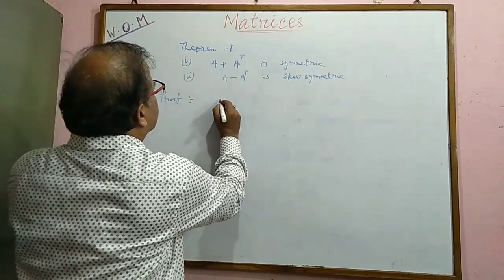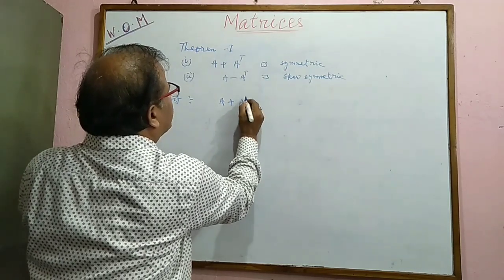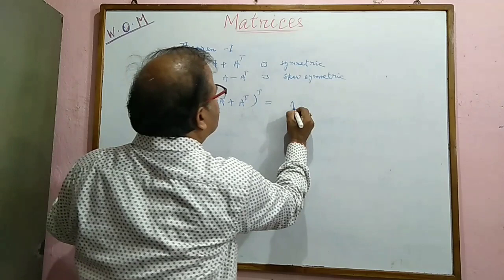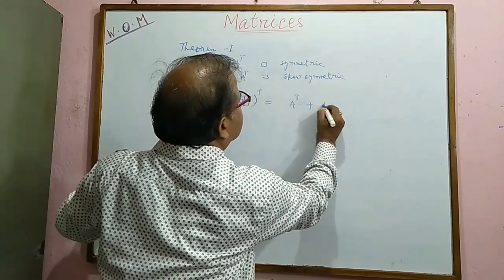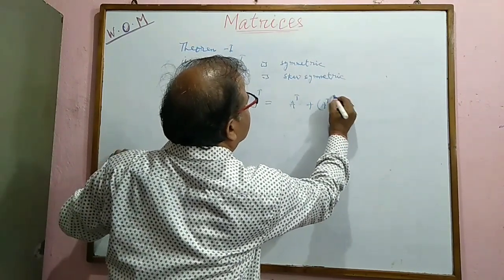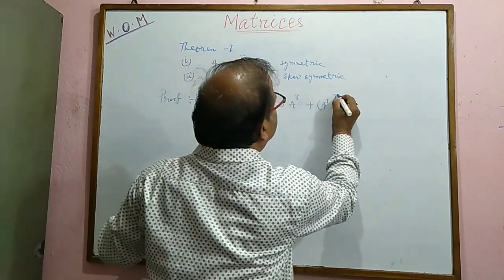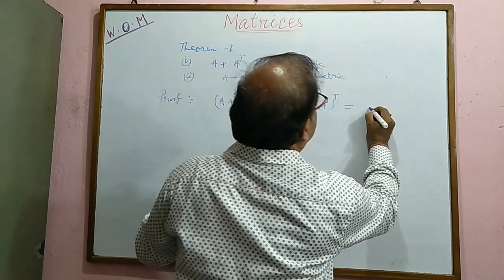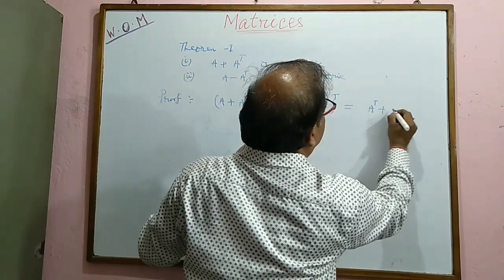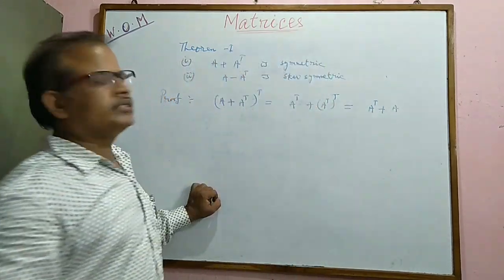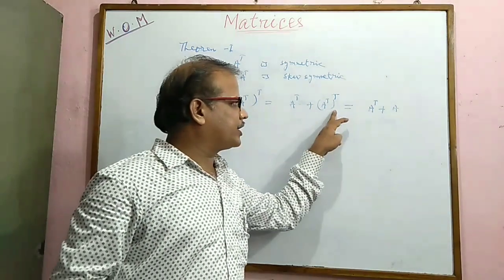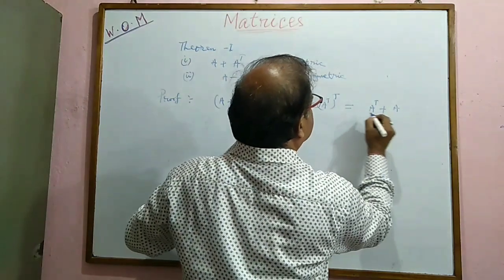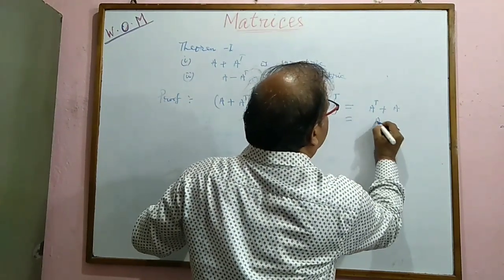A plus A transpose whole transpose is equal to A transpose plus A transpose whole transpose, that is equal to A transpose plus A, since transpose of A transpose is A, that is equal to A plus A transpose.